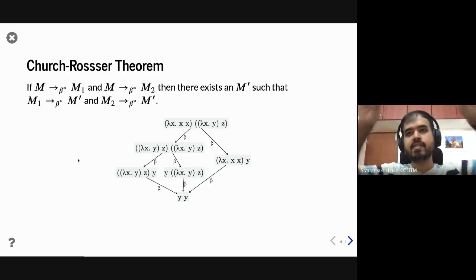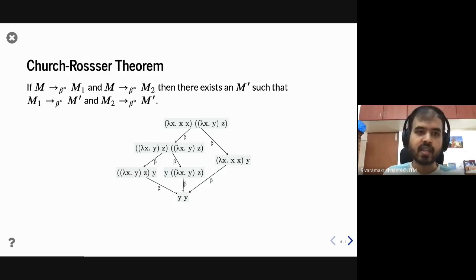So all it says is if you go down some distance, you can always go to the same term by multiple steps of beta reduction. This is quite nice because it doesn't matter which way you reduce. That's really what the Church-Rosser theorem is saying. We're not going to look at the proof, but this is a nice observation. This has been proved.